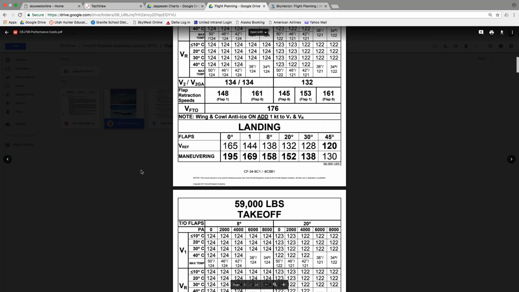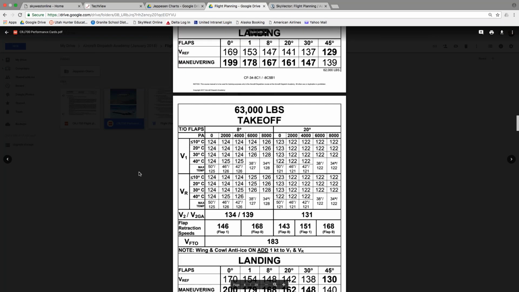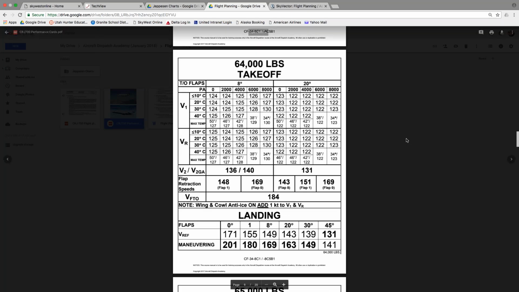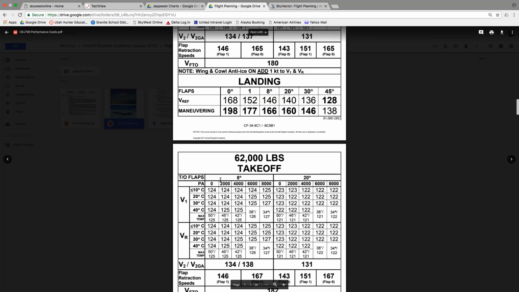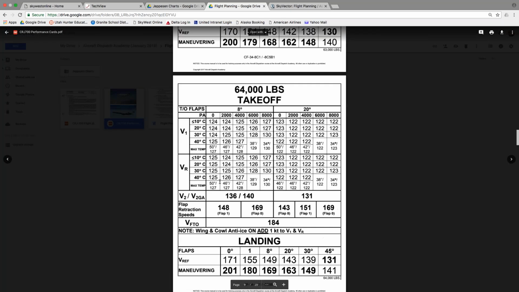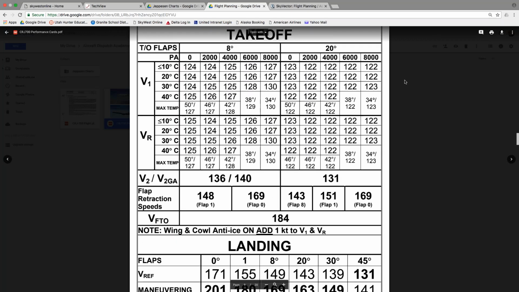Okay. So our takeoff is 64,000 pounds, and our flap setting was 8, and our altitude was somewhere right here, right?